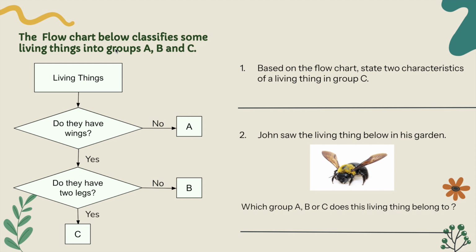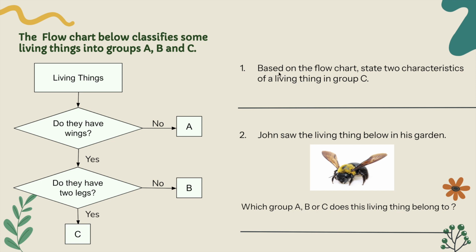Next question is, the flow chart below classifies some living things into groups A, B, and C. This is the flow chart. Here is the first question.